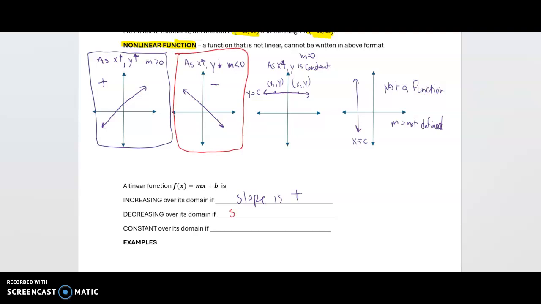So our slope is negative, or m is less than 0. We say that our function is constant over its domain if m, or slope, is equal to 0 and we have a horizontal line.